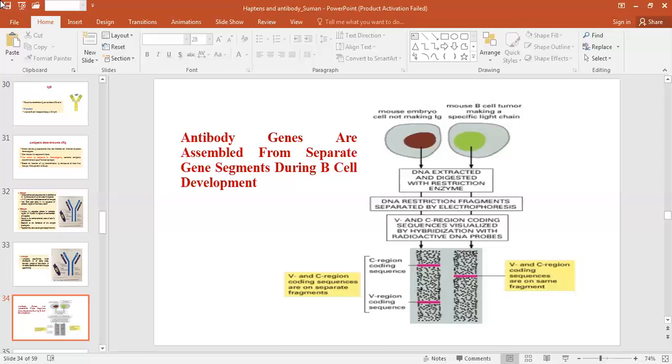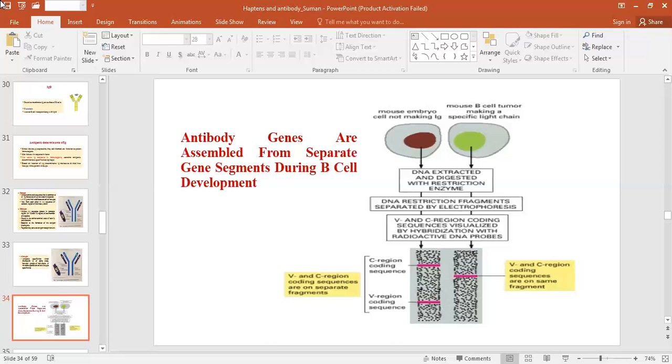So here we are going to discuss the mechanism that B cells use to produce antibodies with an enormous diversity of antigen binding sites. We will then consider how a B cell can alter the tail region, or the stem region, meaning the constant region of the antibody it makes, while keeping the antigen binding sites unchanged.